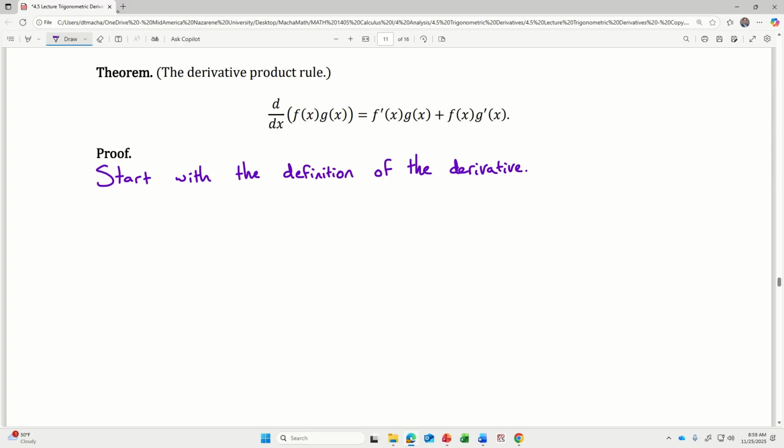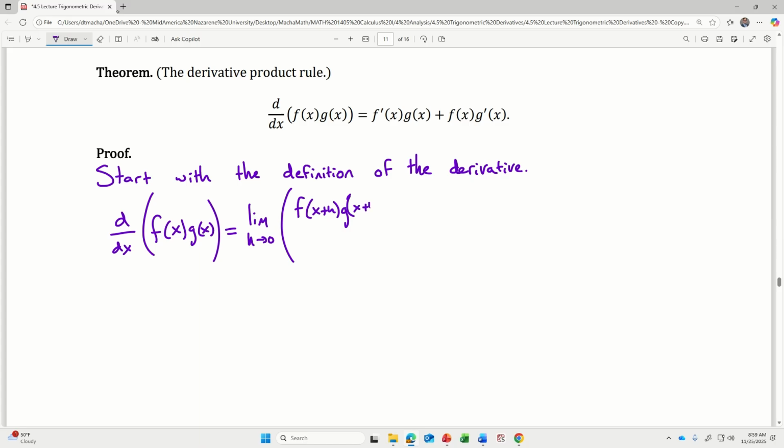And from my definition of the derivative, we can say that the derivative of this function, which is f of x times g of x, is going to be the limit as h approaches 0 of f of x plus h times g of x plus h minus f of x times g of x divided by h.